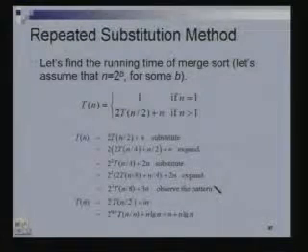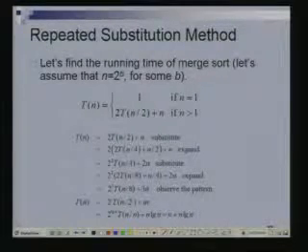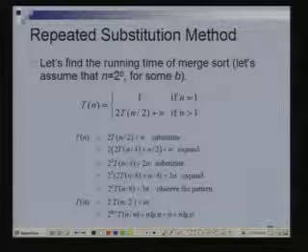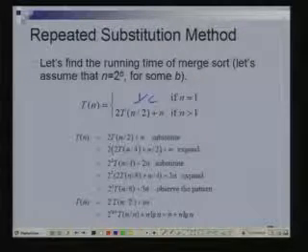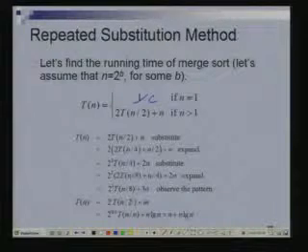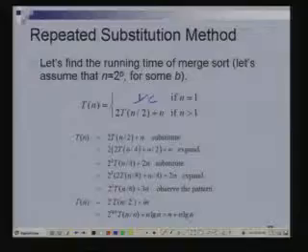Right. Now suppose I had, instead of this 1 here, I had a C. What do you think would be the solution for this? C n plus n log n?